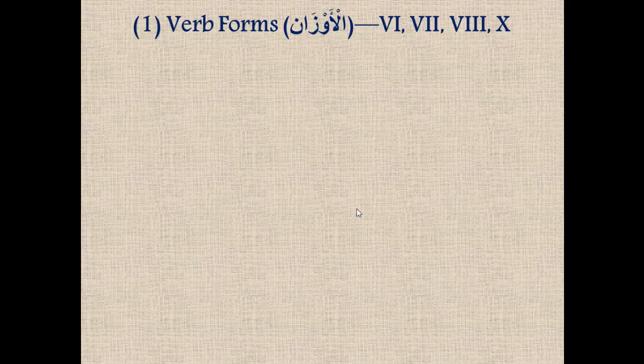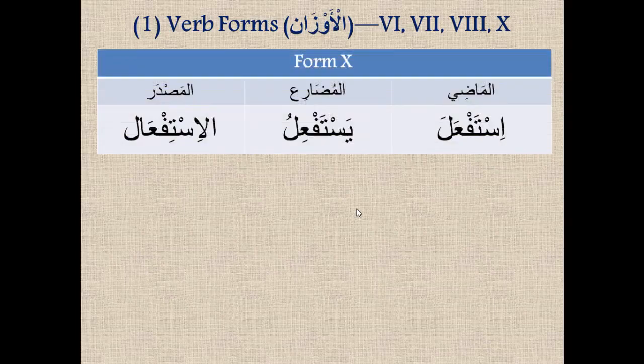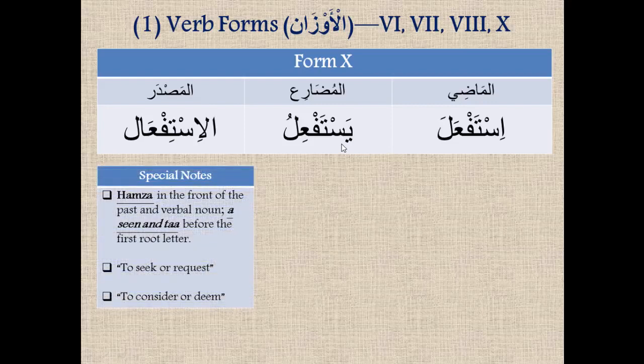So now for form 10, the last and final form. Form 10 has a much longer and complex form structure. We have istaf'ala yastaf'ilu al-istif'al. We've added quite a few things. Number one, we've placed a hamza in the front of the past and the verbal noun, just like we did for forms 7 and 8.